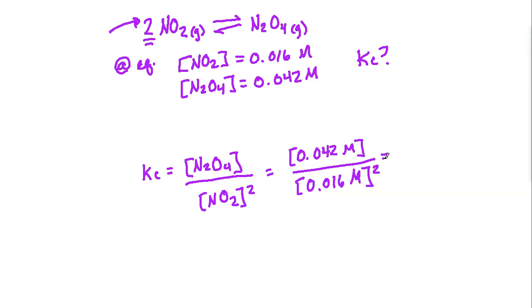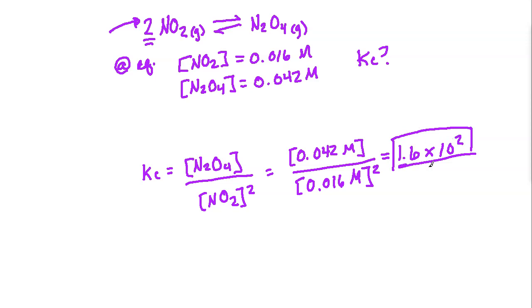So the resulting value that's going to come out of this, if you put that into your calculator, would be 1.6 times 10 to the second. And there is no unit because molarity drops out with molarity.